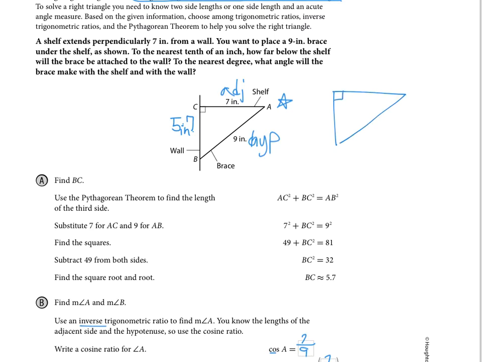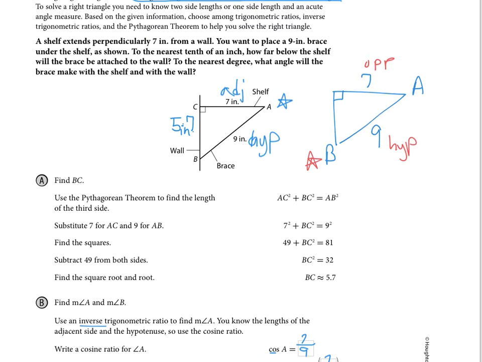We had our right angle here, we had 7, and we had 9. Here's angle B, and here's angle A. If we sit ourselves at angle B instead, to find angle B first, we would be going with 7 being our opposite, and 9 being our hypotenuse still. Hypotenuse doesn't change, right? But opposite and adjacent sometimes switch around depending on where you start yourself in the triangle.